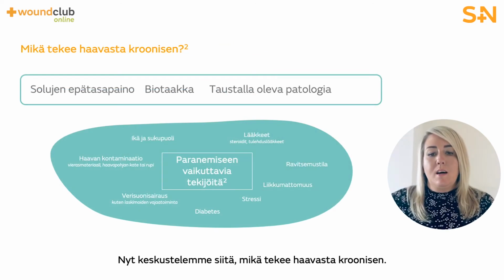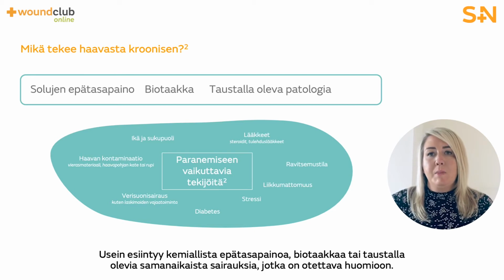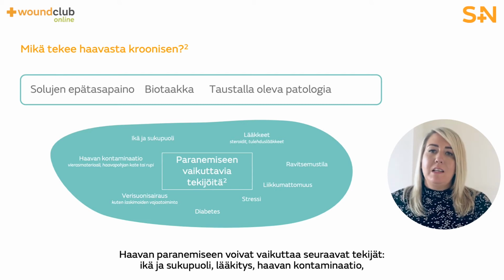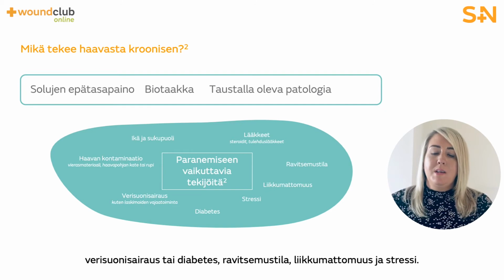Now we will consider what makes a wound become chronic. Often there are chemical imbalances, bioburden, or underlying comorbidities to consider. The factors that can affect wound healing are age and gender, medication, wound contamination, presence of vascular disease or diabetes, nutritional status, immobility, and stress.